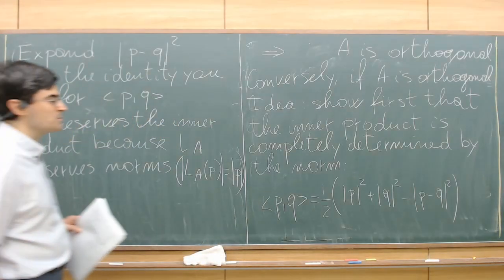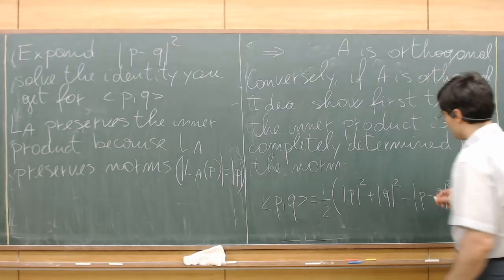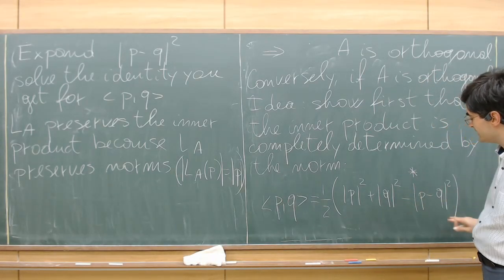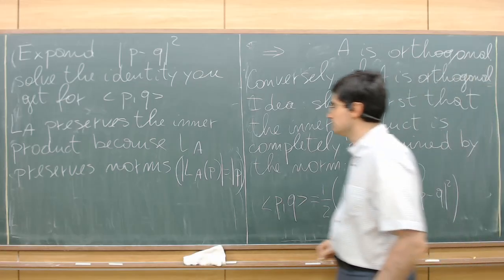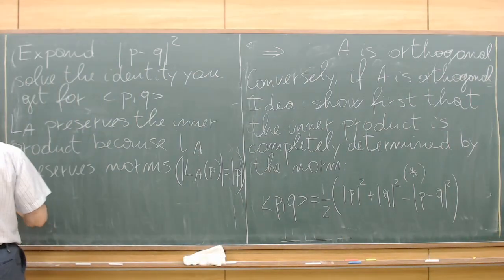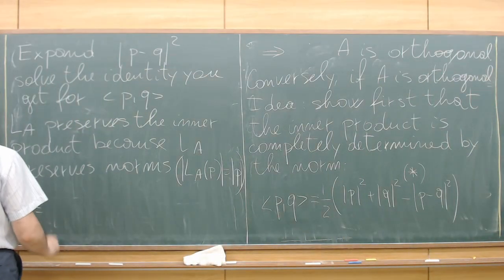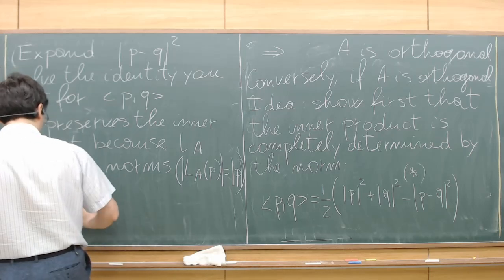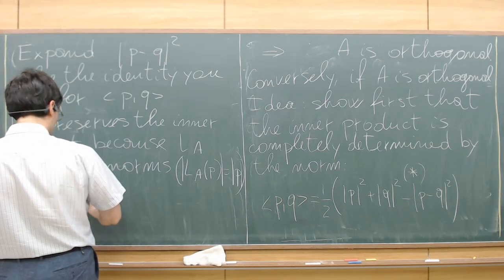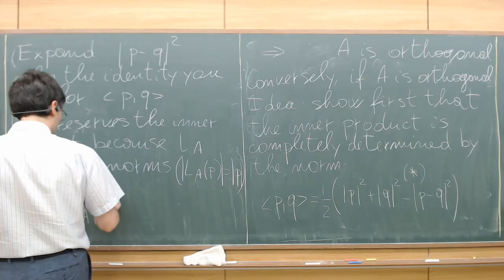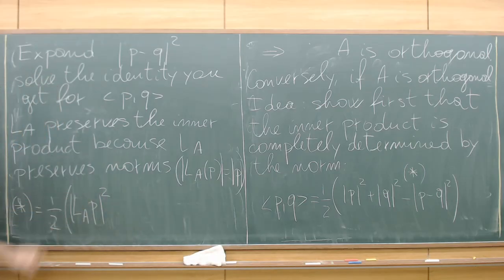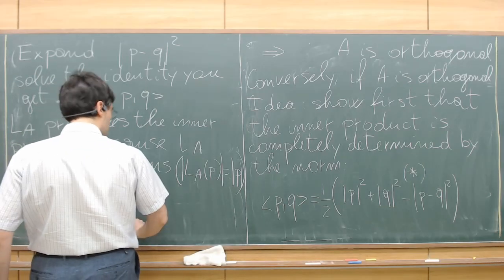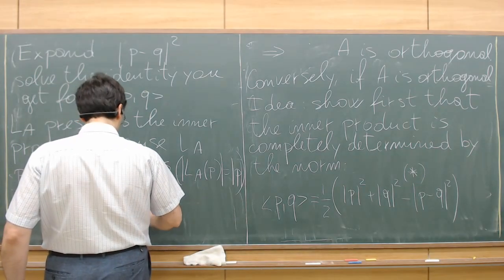So in other terms, let's call the right hand side of this equation star. Then star is equal to 1/2 the length of LAP squared because of this formula, plus the length of LAQ squared.